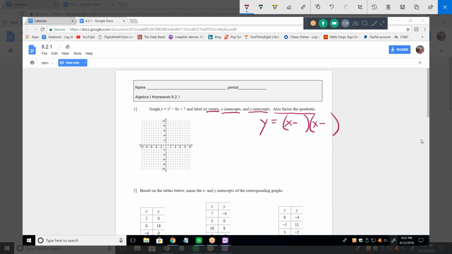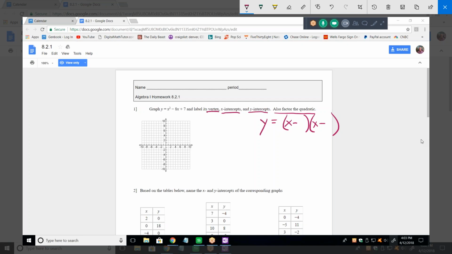Now, this is a simple quadratic, so I can use those rules that I taught you. What am I looking for? Factors of 7 that add to the number 8, because sometimes it's subtract, not always add.